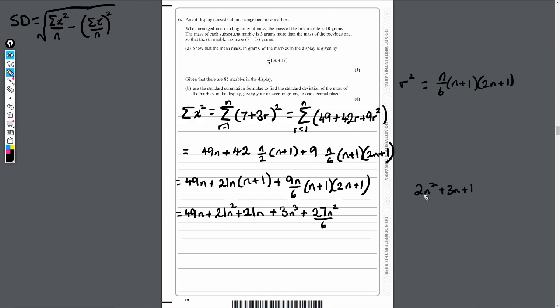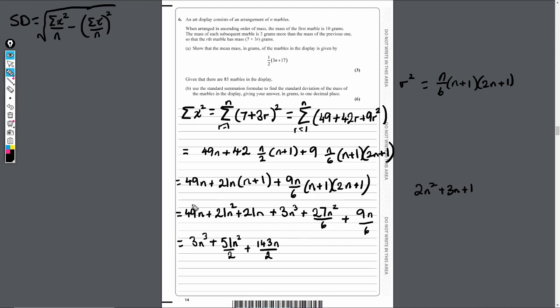And then finally 9n over 6 times 1, I just get 9n over 6. Now we can get this simplified. I've jumped ahead and done it, just adding your like terms, this will be 3n cubed, you'll get 51n squared over 2, and then finally 143n over 2.